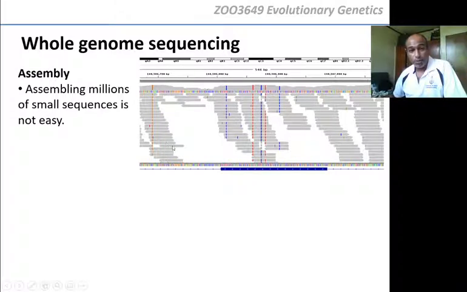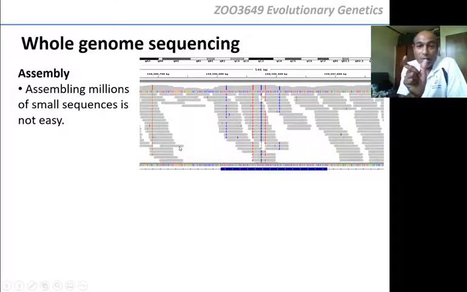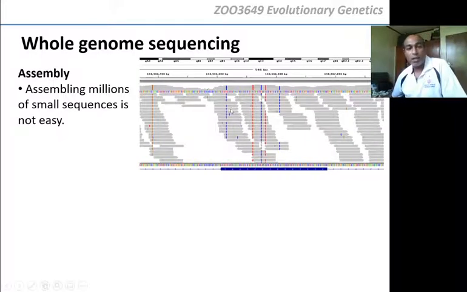Here, each little gray bar is one 70 base pair Illumina read. And you see here how these are all stacked up on the genome. So for example, this red position here, you see it there? How many times is that position covered on this genome?